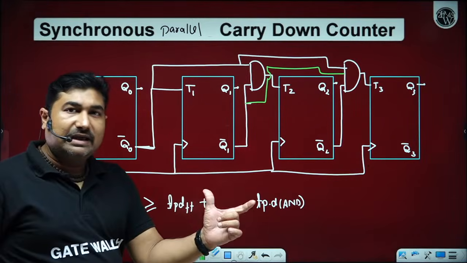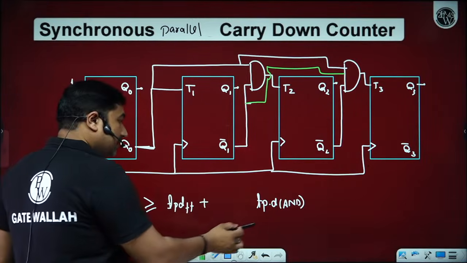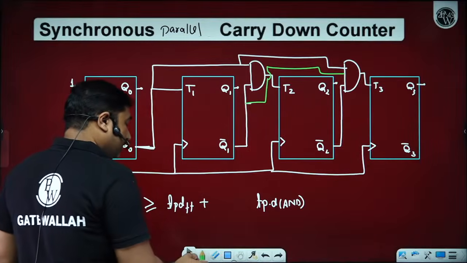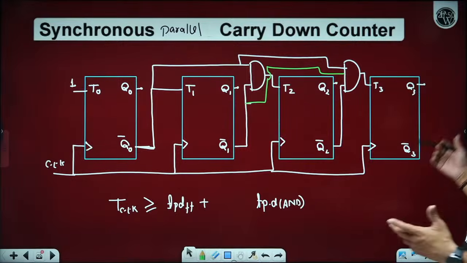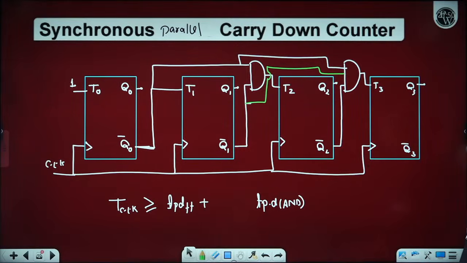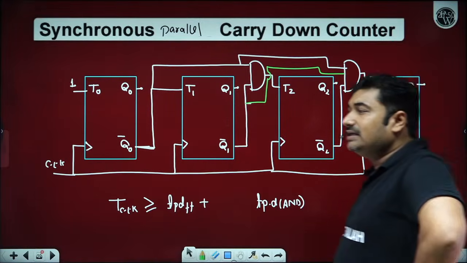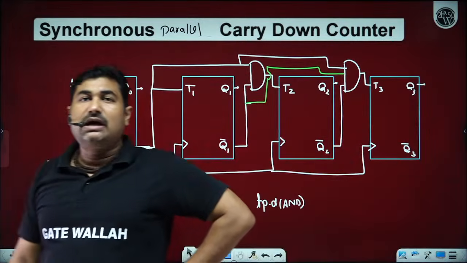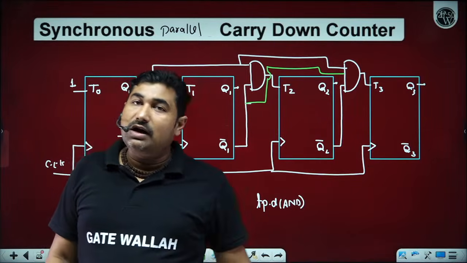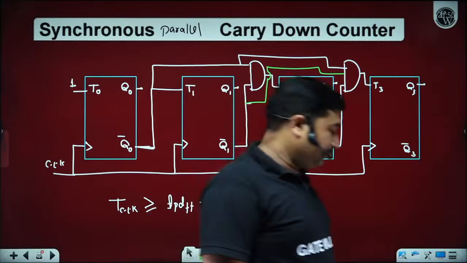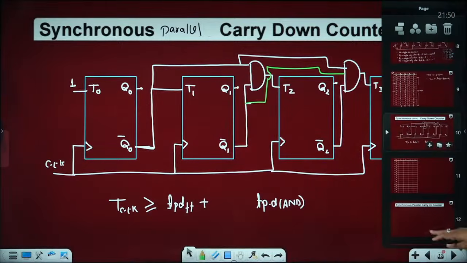If the clock time period reduces, it means your counter is becoming faster. So we generally use synchronous parallel carry up or carry down counters. They are much faster than series carry up or carry down, and much faster compared to ripple up or down counters.